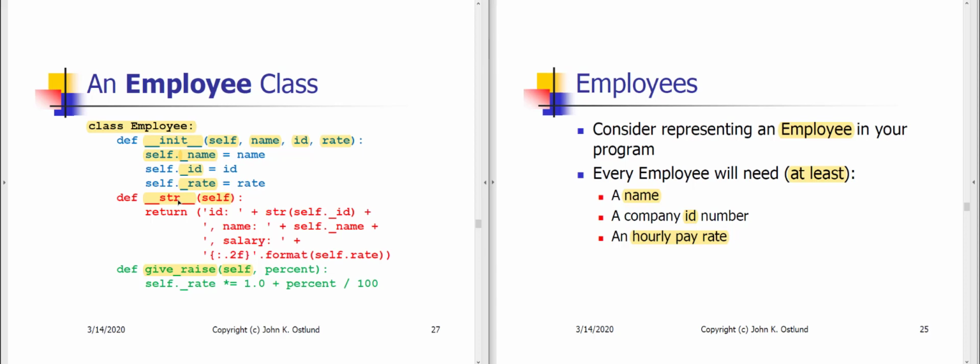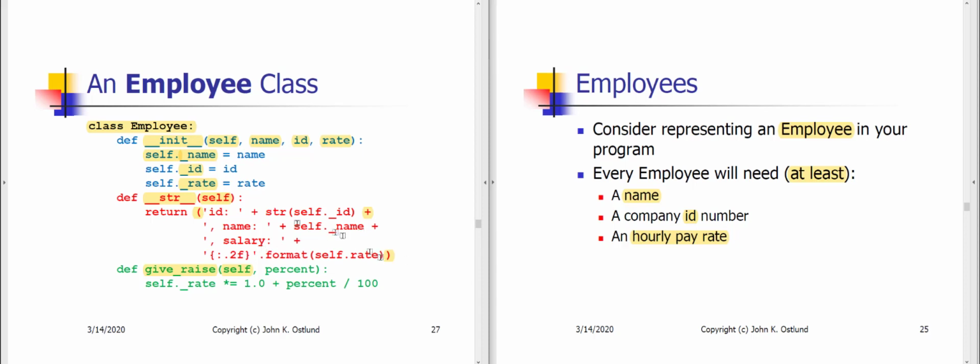Now, when we convert one of these to a human readable string, these parentheses here surround the string value that I want my dunder str function to return. Basically, all I need to do is convert the ID number, the name, and the rate into strings and concatenate them together with some other literal strings using the plus concatenation operator, and then return that.